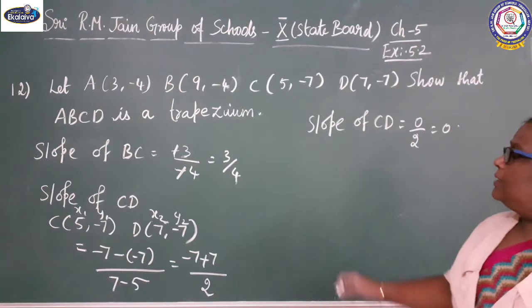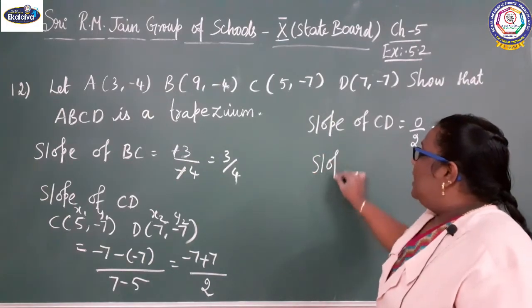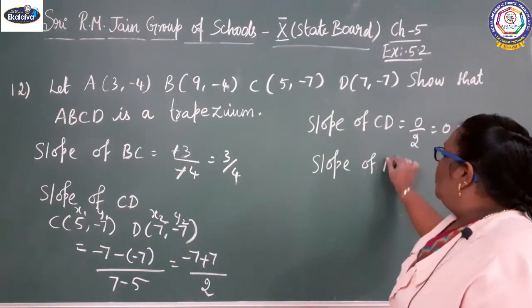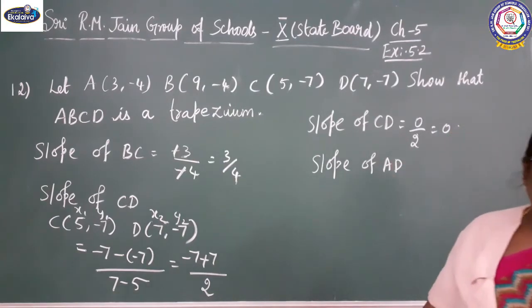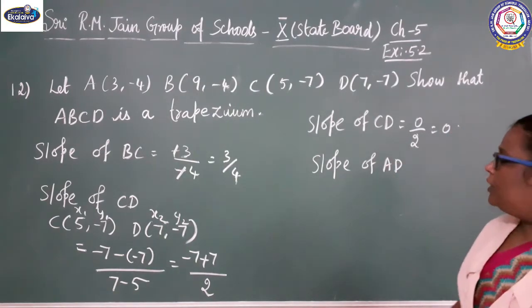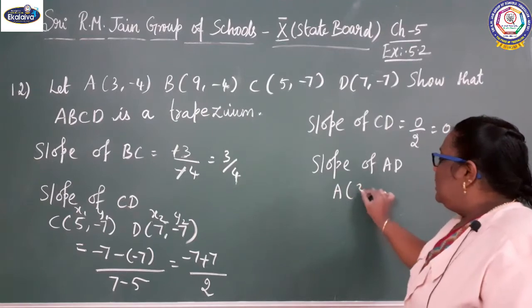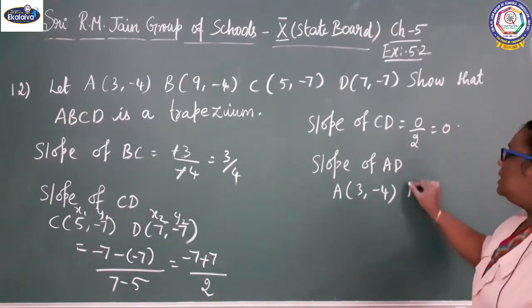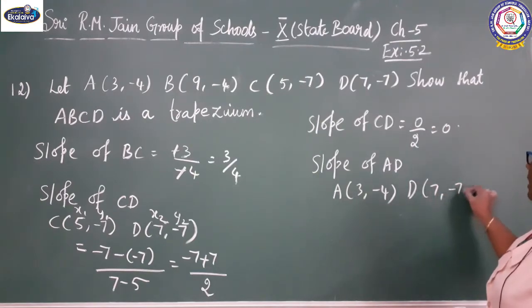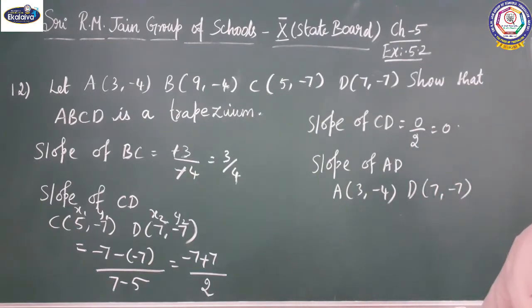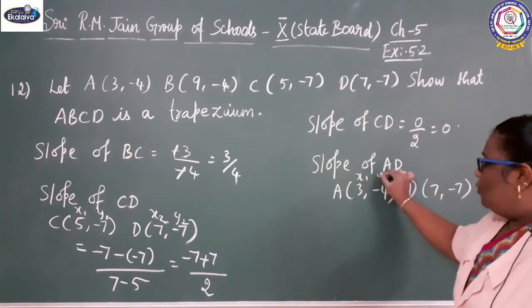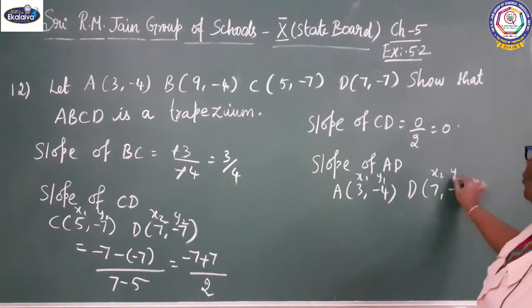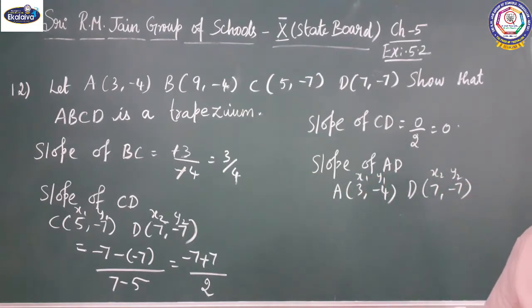Then you can take it as slope of AD. Slope of AD equal to, what is the value of A? 3 comma minus 4. The value of D is 7 comma minus 7. This is x1, y1, x2, y2.